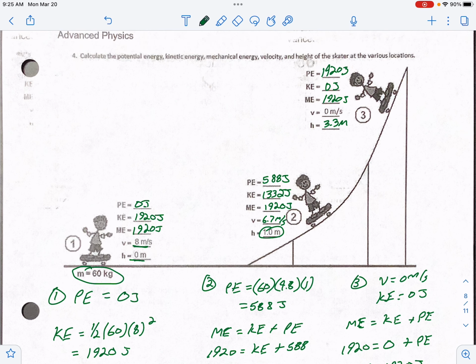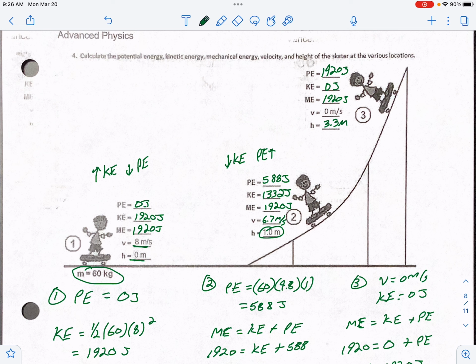If you notice here, 1920 joules stayed the same the entire time, but what you're doing is shifting. Down at the bottom, you have very high kinetic energy, high velocity, and basically no height, so no potential energy. Now, as you start going up that hill, your kinetic energy starts going down, and your potential energy starts going up.